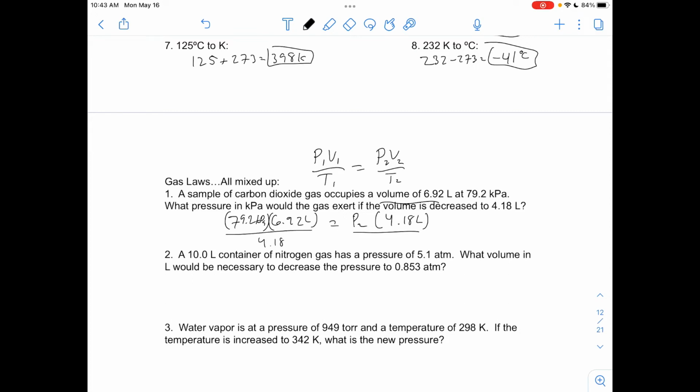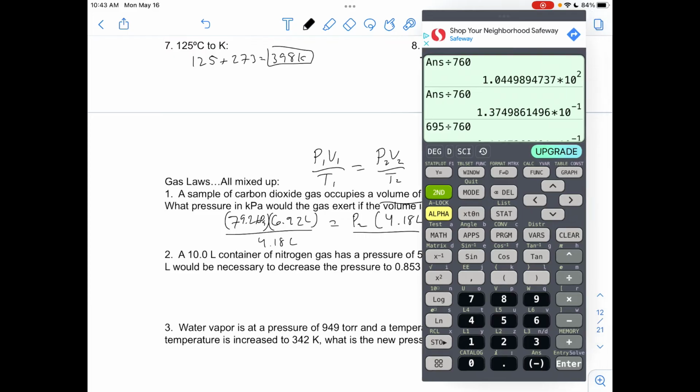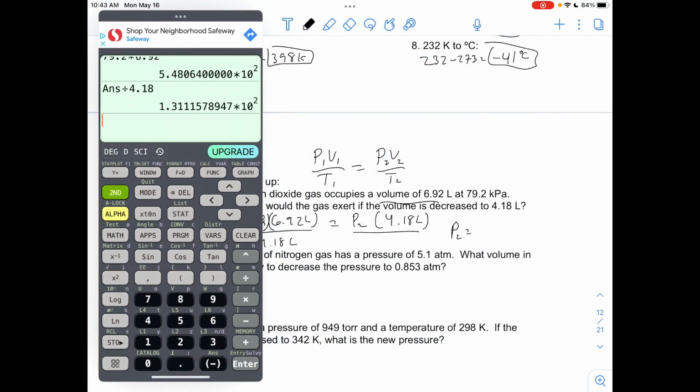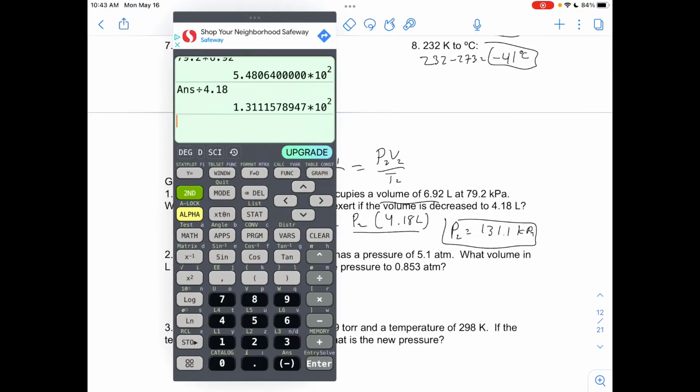Okay, so I'm going to solve for P2. Divide by 4.18. Okay, so P2 is going to be equal to 79.2 times 6.92 over 4.18. Actually, sorry, 131.1 kPa.